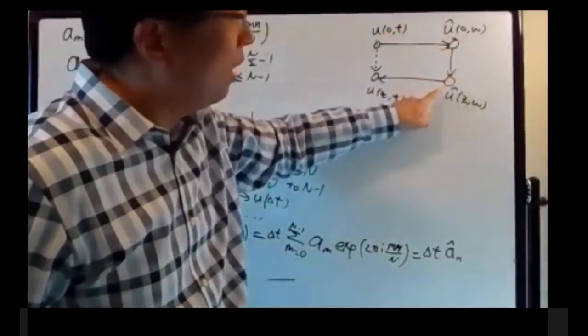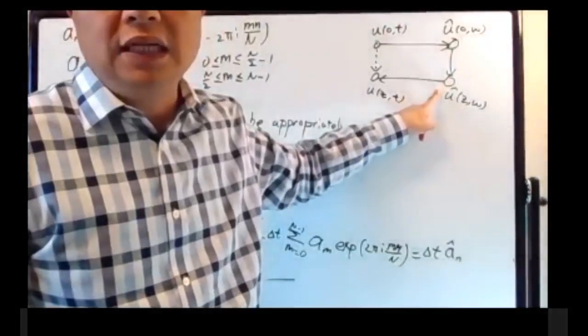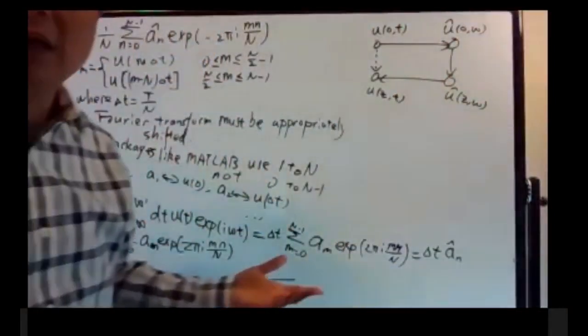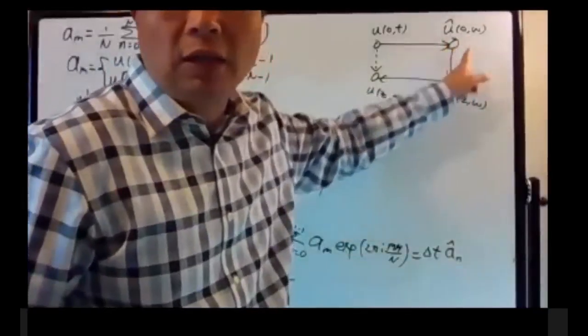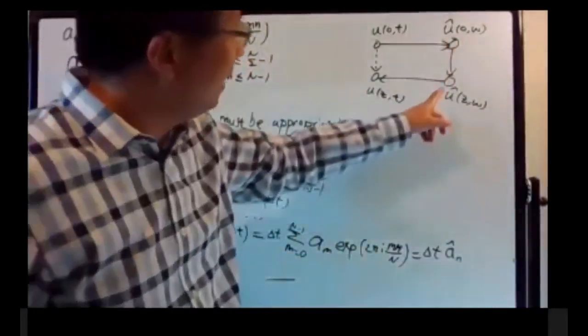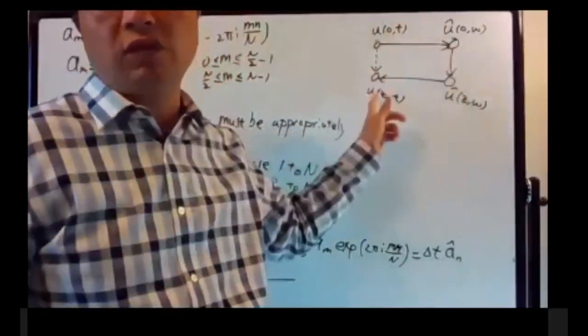Then we need to propagate the signal. How should we propagate? We just multiply by exponential of i k0 double prime omega squared, remember, so it's simply multiplying a phase term. And the last step is the inverse Fourier transform.